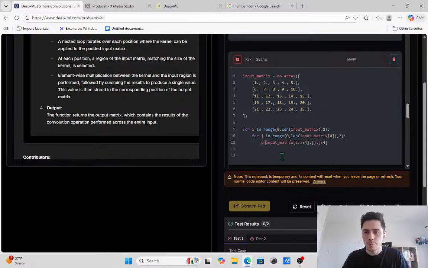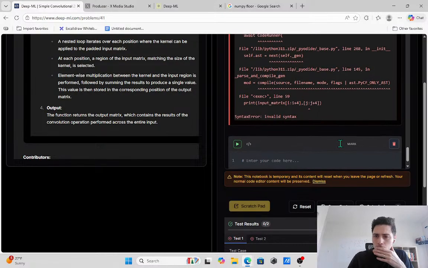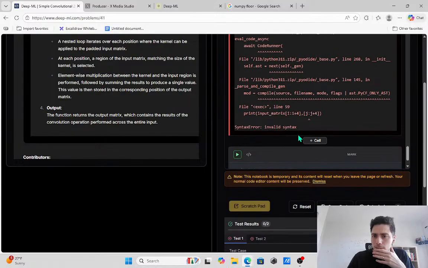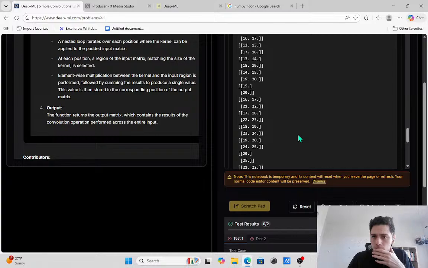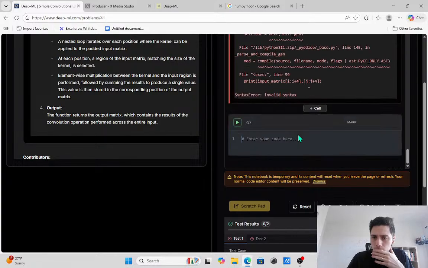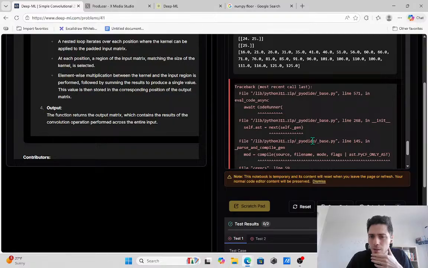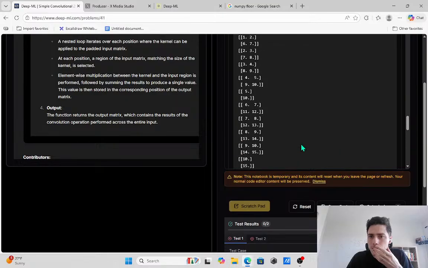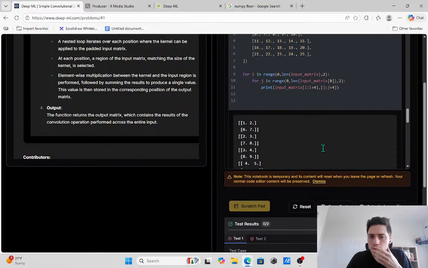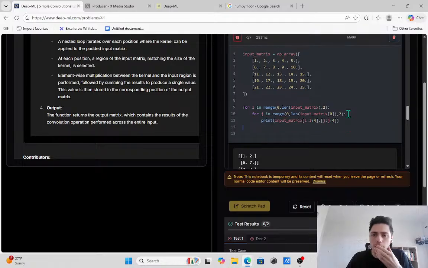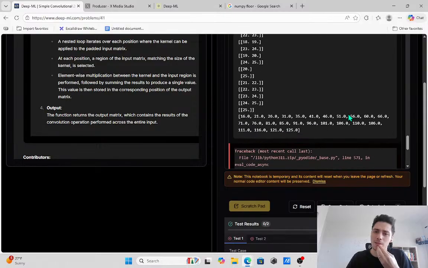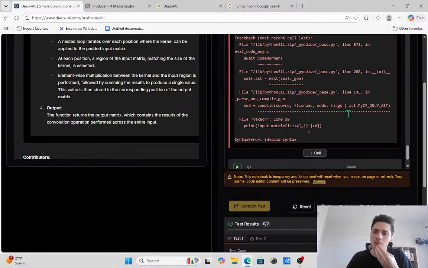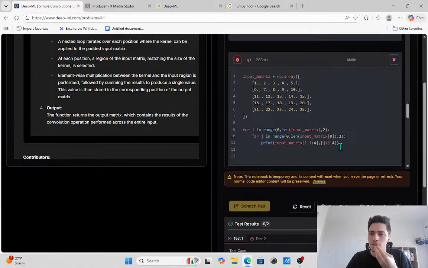Okay. Invalid syntax. Why invalid syntax? Why are you outputting anything? Yeah, I need to fix up this because this is a bug. This is just running the solution, it seems like. Not running this.